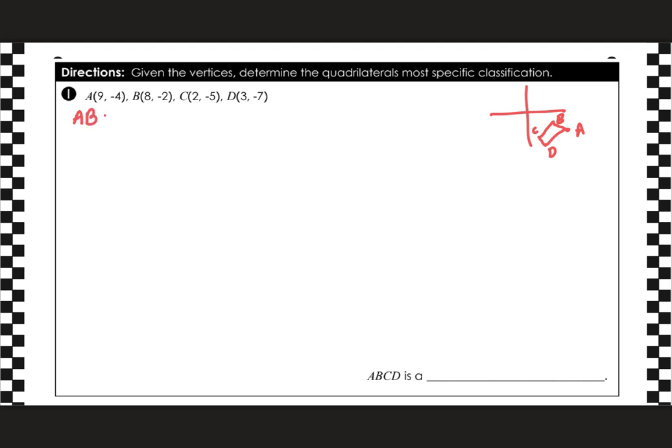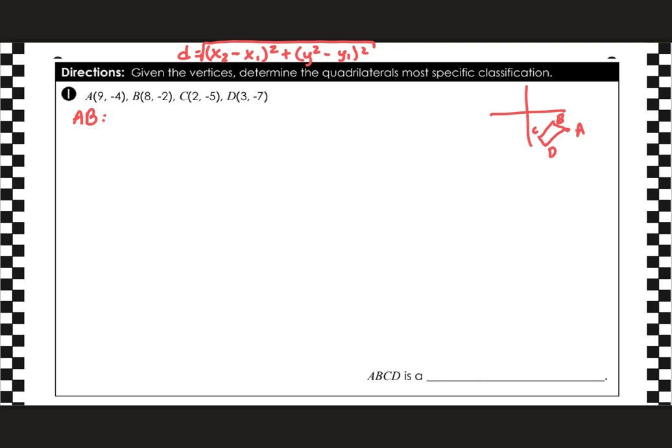And you're going to need to make sure you label your work, right? So remember, the distance formula is x2 minus x1 squared plus y2 minus y1 squared, and then you're taking the square root, okay?